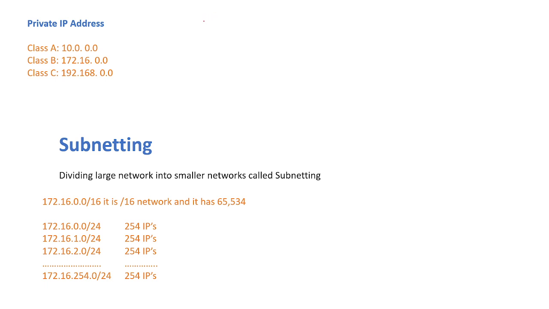I told you slash 24 means 254 IPs, and slash 16 means 65,534 IP addresses. How does this 65,534 come? Say, for example, you have 172.16.0.0 slash 16.